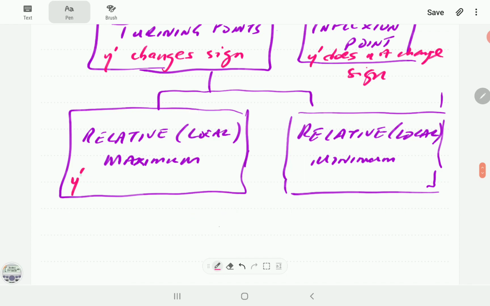So if the derivative changes from positive to negative, then the turning point is called a relative or local maximum. If the derivative changes from negative to positive, then the point is a relative minimum.